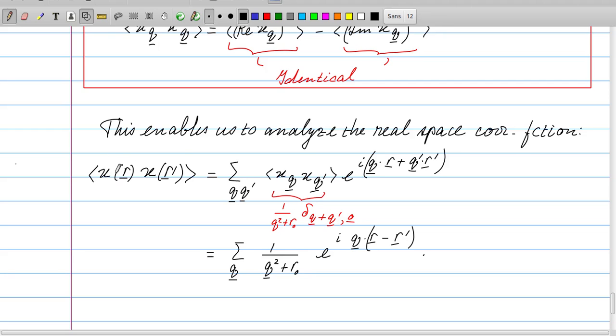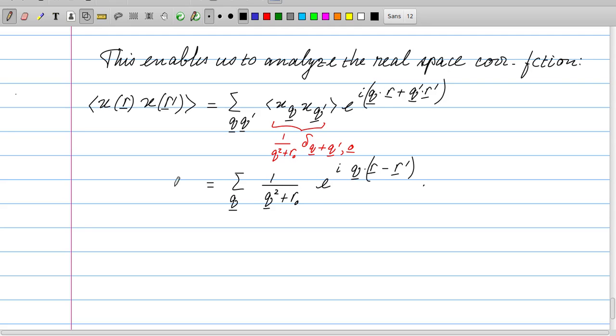And we write the xr as a Fourier transform. We also write the xr primed as a Fourier transform, one with the vector q and the other one with the vector q primed. And we know this guy, which gives you a delta function, and the result is that we find 1 over q squared plus r0 times this.